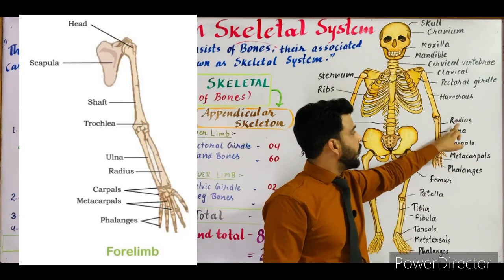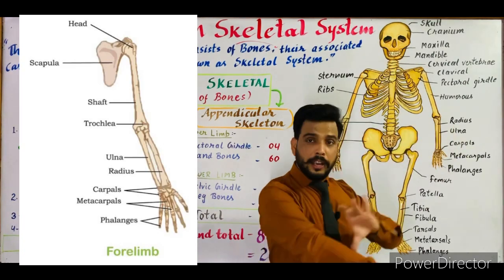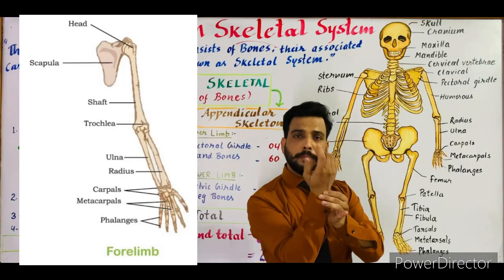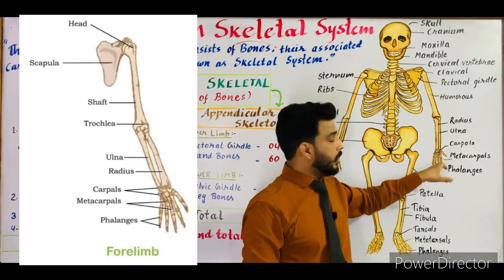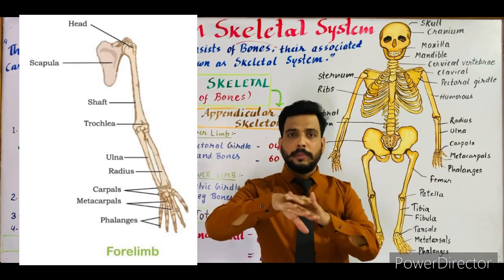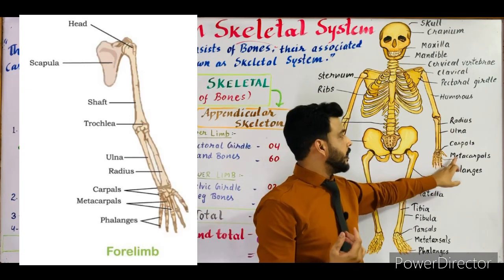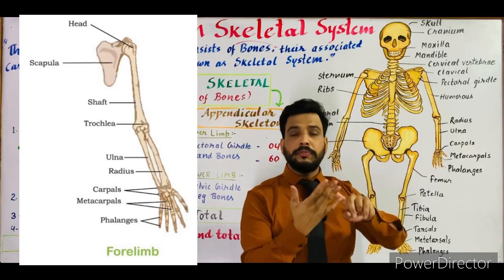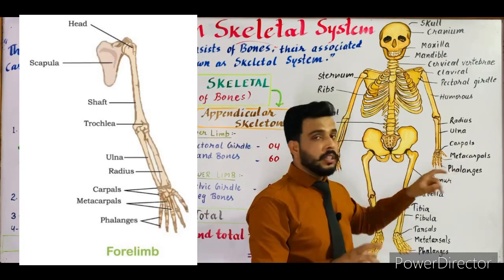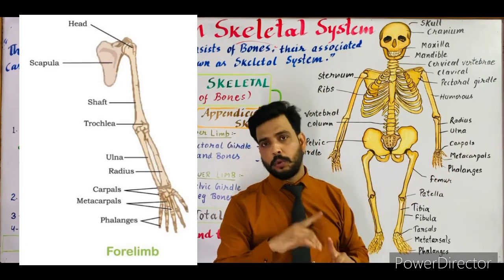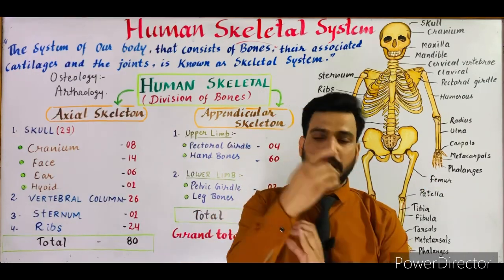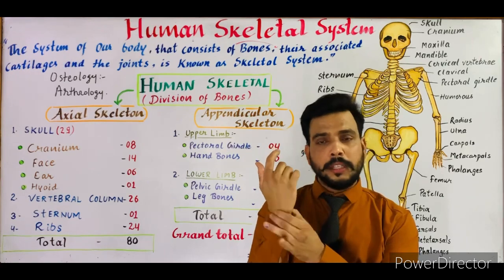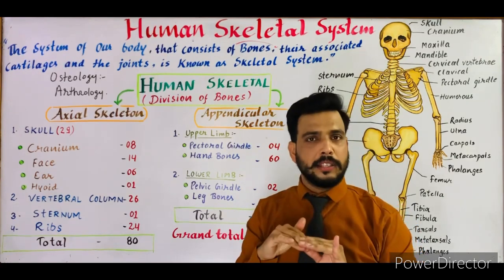So this is the radius, this is the ulna, both are radioulna. In the wrist region, the bones are known as carpals. In the palm region, these are the metacarpals. And the fingers consist of phalanges. The bones present in our fingers are known as phalanges. So I repeat the names: humerus, radioulna, carpals, metacarpals, and phalanges.